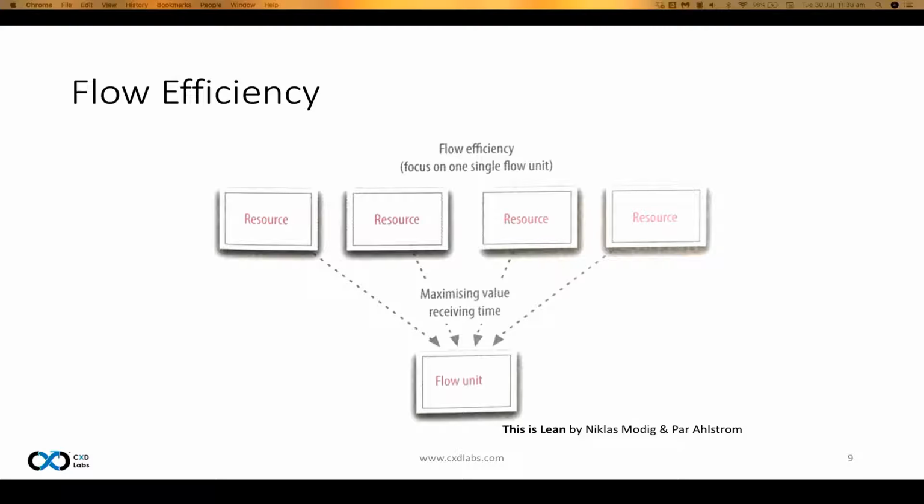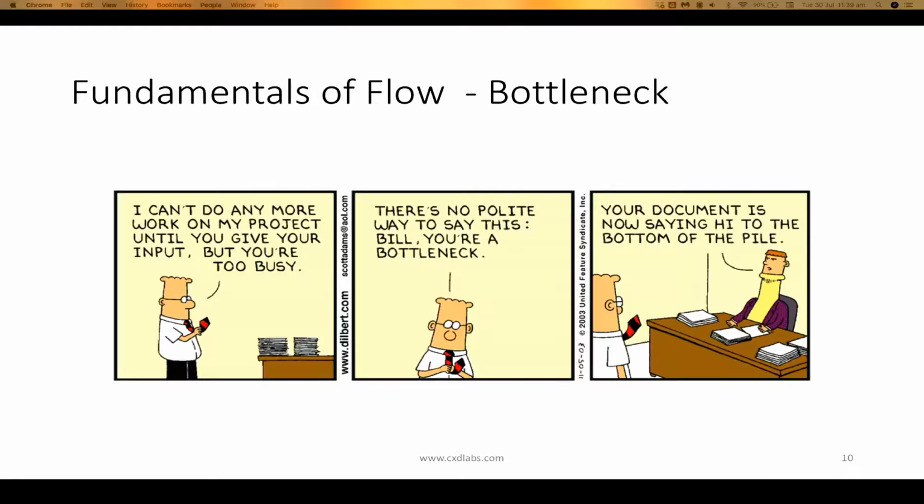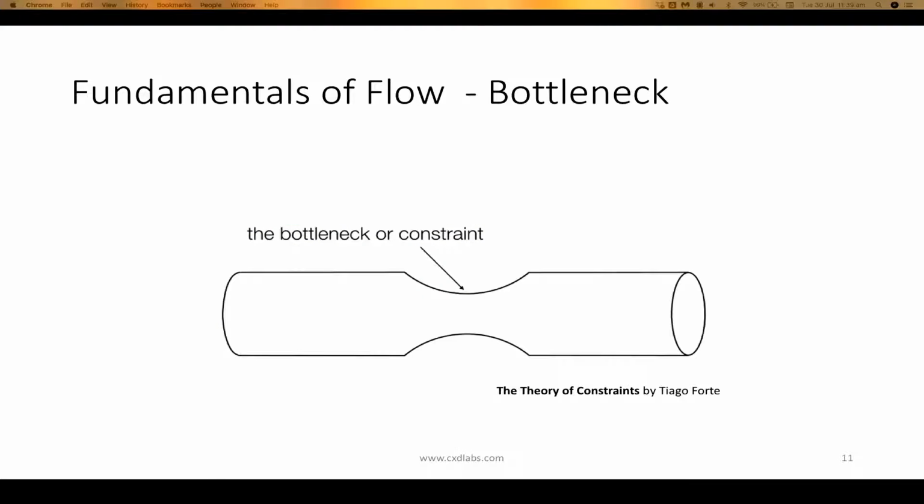So this segues to the fundamentals of flow. I'm going to get a bit of Dilbert in there. Fundamentals of flow, also known as the theory of constraints. The point of this comment is every system has a bottleneck. So this is the system, and there's a constraint or bottleneck in the center.